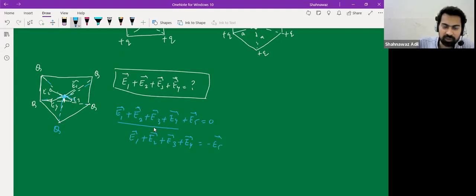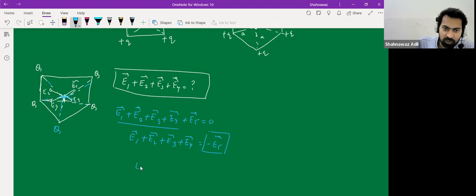So to calculate the electric field due to these 4 charges, we can directly calculate the electric field due to the 5th charge, and minus of that would be the electric field due to all these charges.